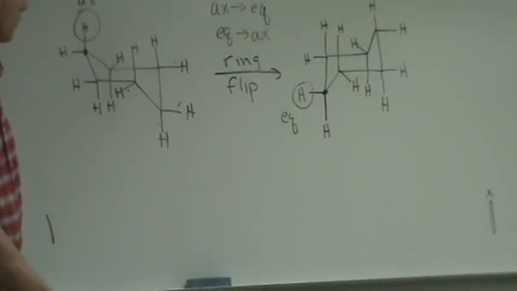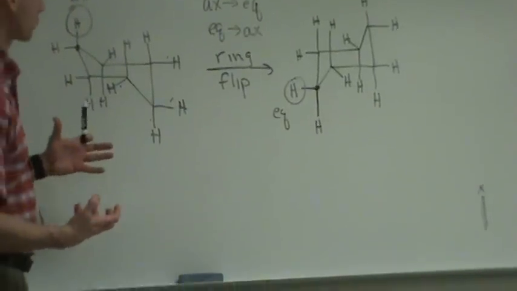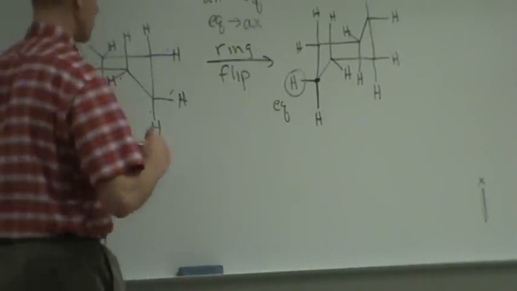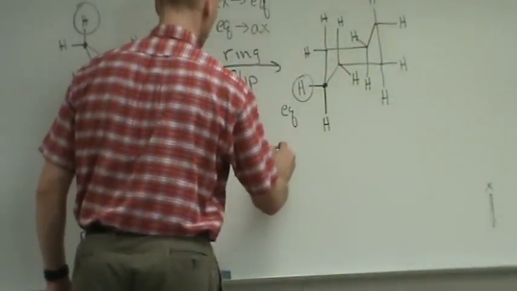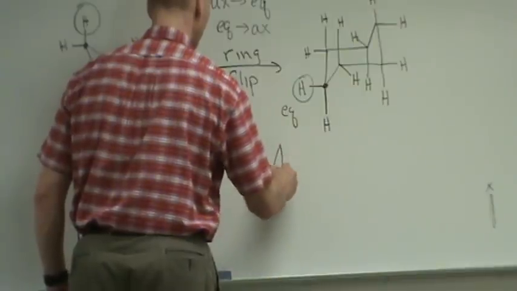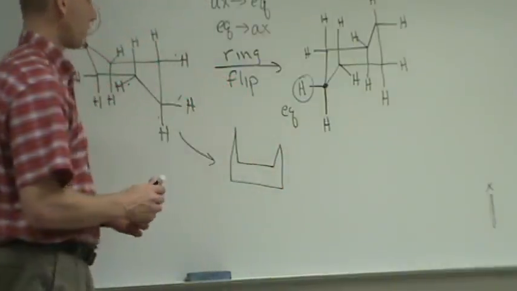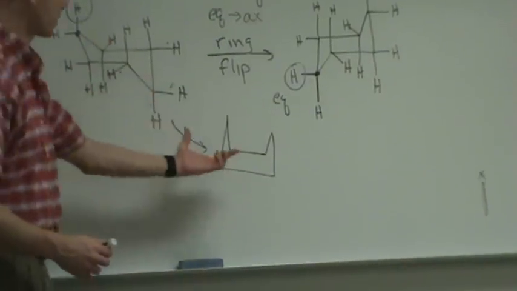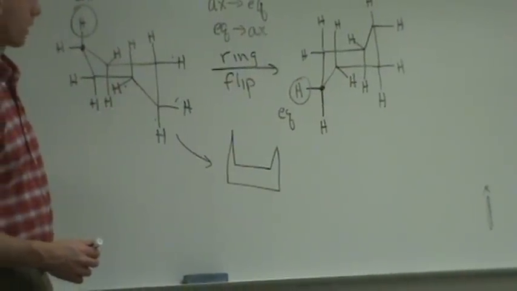One of the things in this ring flip is that it doesn't actually just flip immediately. It goes through a transition state, which I'll sometimes draw, but not all the time, where the two ends of the chair are actually pointing up before it goes to the other chair.